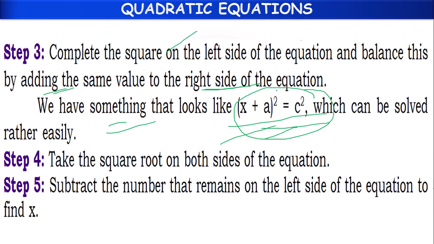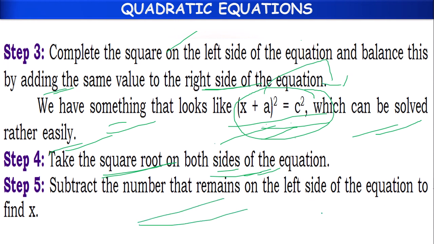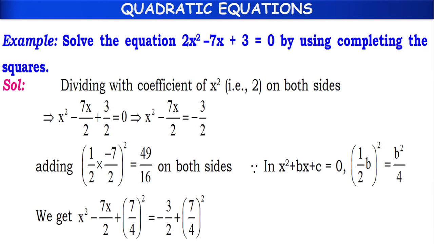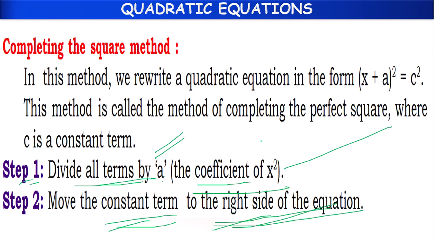We have to make it in the form of x plus a whole square equal to c square, so that it can be solved easily. Now we can take the square root on both sides, and on the left side, whatever extra number is there, we can take it to the right-hand side. We will be having only the x value. So let's try to understand with an example, children, so that you can understand better.